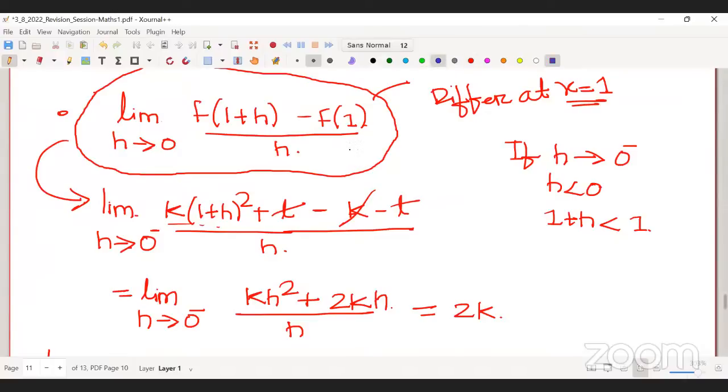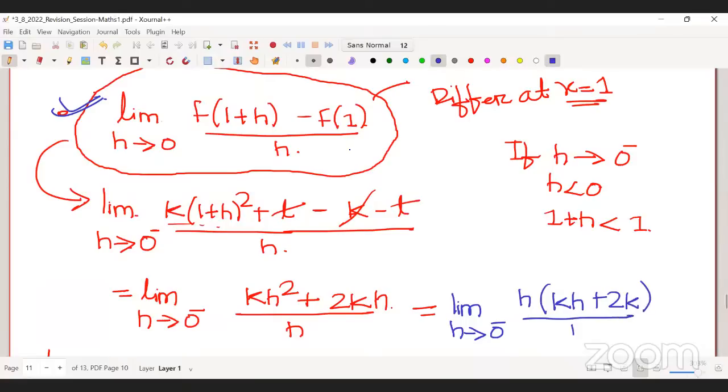You have to expand 1 plus h whole square, then put the h value as 0. We take h common from the numerator and cancel the h.